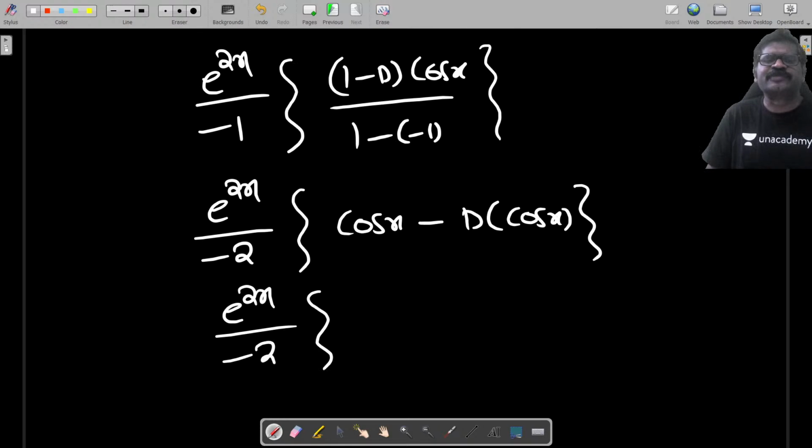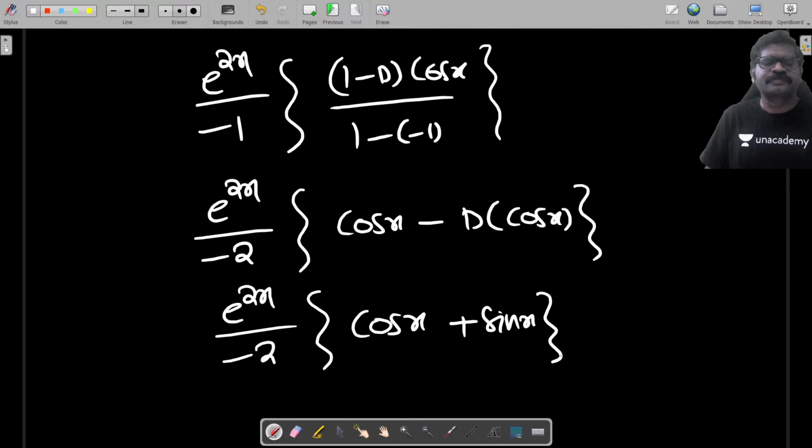Differentiation of cos x is minus sin x, so minus of minus is plus sin x. E power 2x by minus 2 of cos x plus sin x.